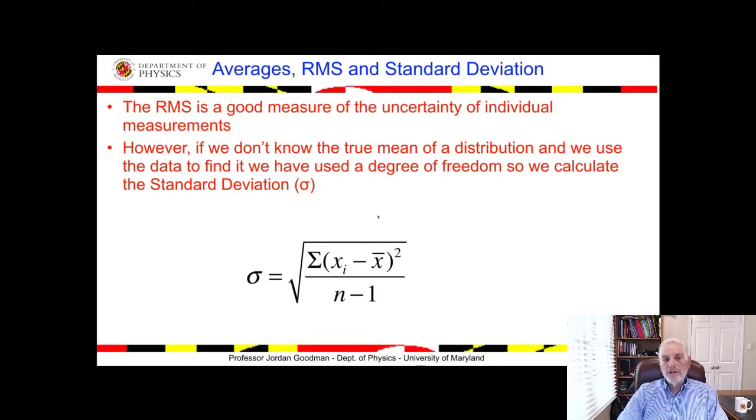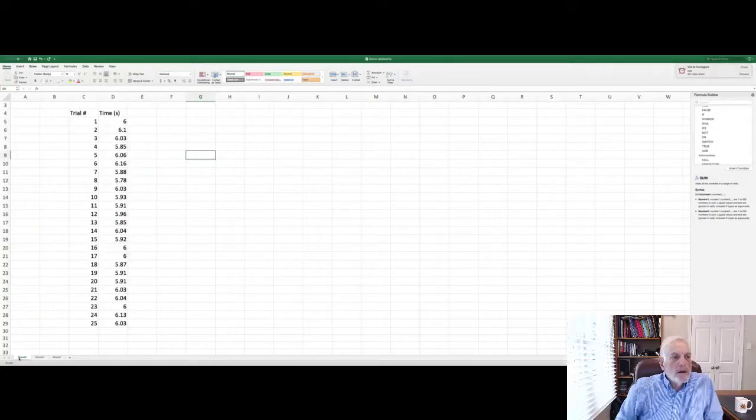The standard deviation is very similar to the RMS, but instead of dividing by n, the number of measurements, we divide by n minus 1. And the reason for this is we've used up what we call a degree of freedom in figuring out what the mean is. So if we take 5 numbers, we have to compute the mean from those 5 numbers. If we knew intrinsically what the mean was, we wouldn't do that.